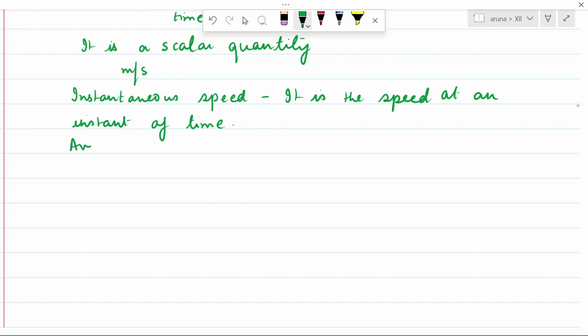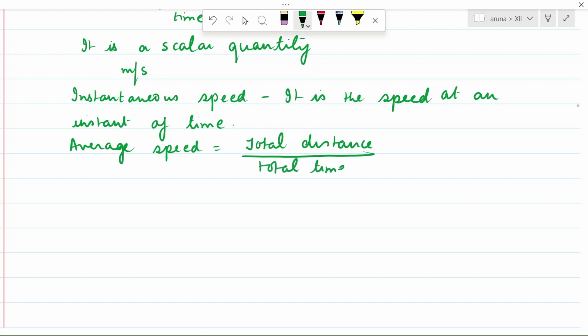Then we come across average speed. Average speed is again to be calculated. It is total distance traveled by an object upon total time, irrespective of how, with what speed or instantaneous speed we covered the distance. So it is simply total distance upon total time.